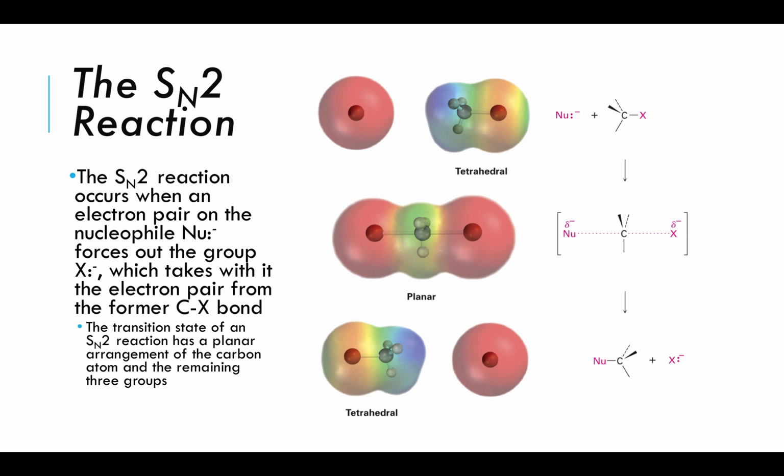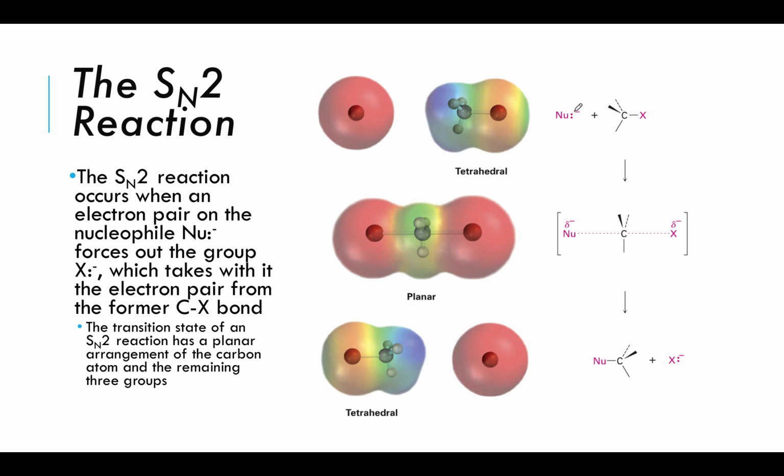So S stands for substitution, N stands for nucleophilic because it's a nucleophile that attacks, and 2 stands for bimolecular, which means that there are two molecules involved in the most important step. This important step is what we call the backside attack.